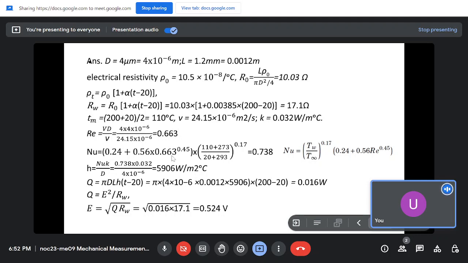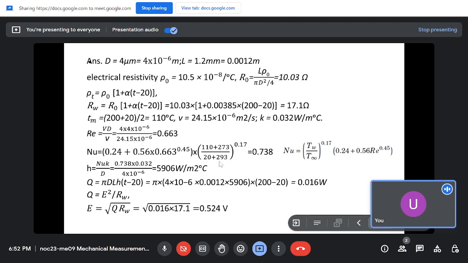So we substitute that value in the Nusselt number relation. We know the temperature of the wire, for which we take a mean temperature 110 plus 273, and the fluid is 20 plus 293. Using that, we get a Nusselt number of 0.738. We also know that the Nusselt number is Hd by K, where H is the heat transfer coefficient, into diameter divided by thermal conductivity. So we calculated the Nusselt number.